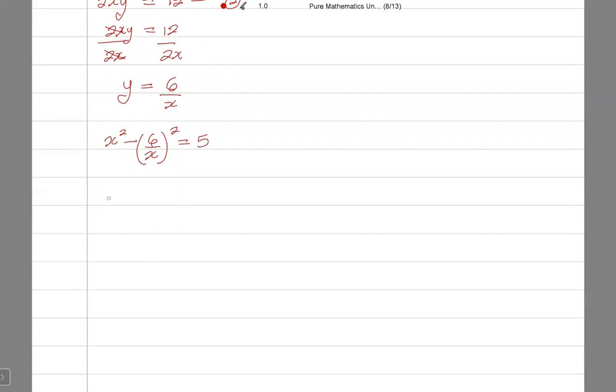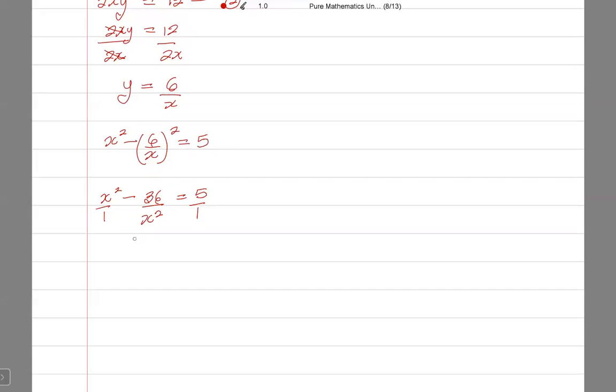So what we end up with is x squared minus 36 over x squared is equal to 5. Now I'm going to get rid of the fractions because I need to find out what value of x is, then I can calculate the value of y. I'm going to multiply the entire equation by the LCM of the denominator, which is x squared.